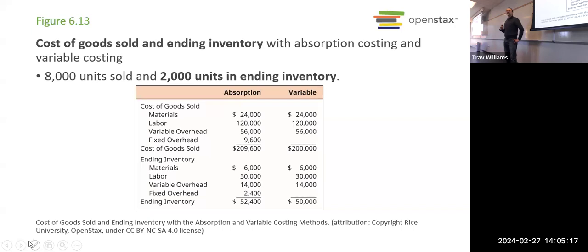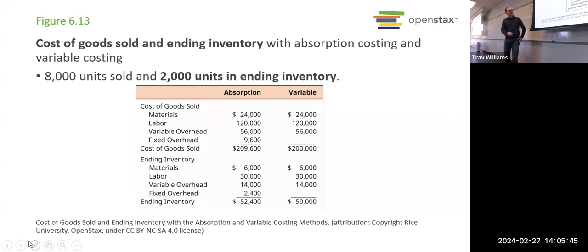But some of them got applied to goods that have not been sold. And they ended up as part of our ending inventory fixed overhead. So this absorption costing method generally makes us look more profitable overall because some of the fixed costs shifted off into cost of goods sold for the next period.